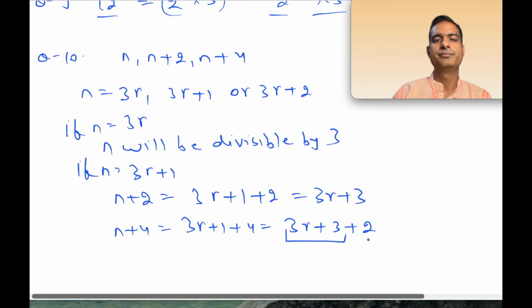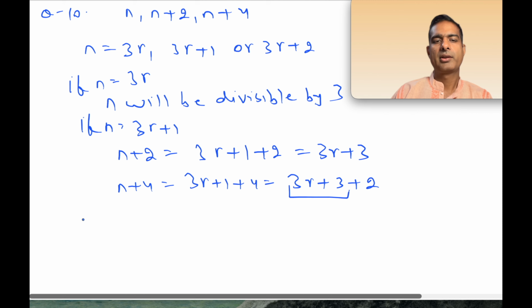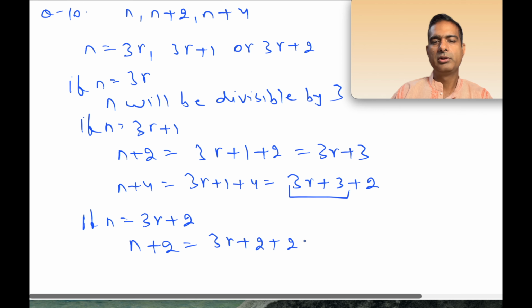Now if n is equal to 3r plus 2, then obviously n is not divisible by 3. If we check n plus 2, then it will become 3r plus 2 plus 2, that is 3r plus 4, and we can write 4 as 3 plus 1. So 3r and 3 are multiples of 3, so on dividing n plus 2 by 3, we will get remainder 1.